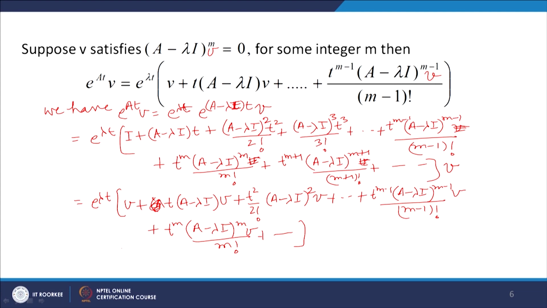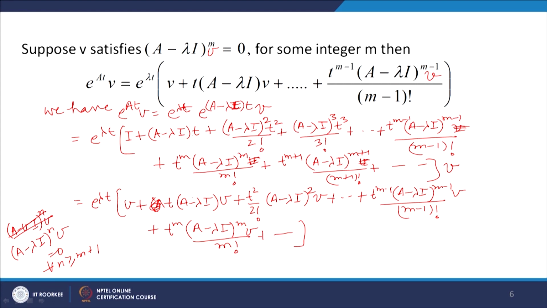So, if (A minus lambda I)^m into b equals 0, then (A minus lambda I)^n b equals 0 for all n greater than or equal to m plus 1. So, this implies this is equal to 0 for all n greater than or equal to m plus 1.